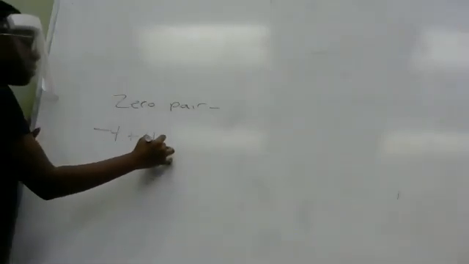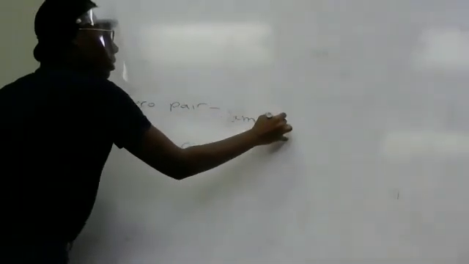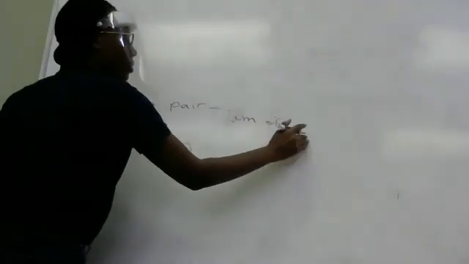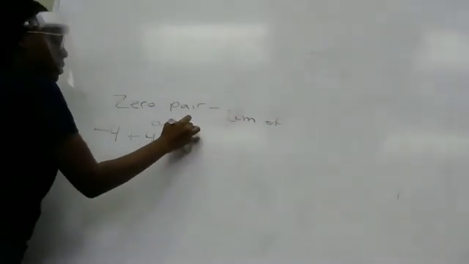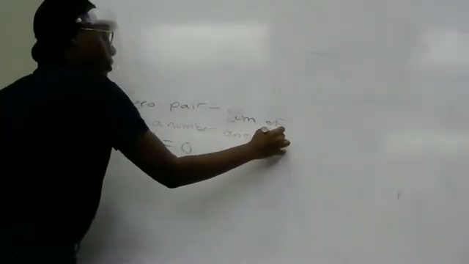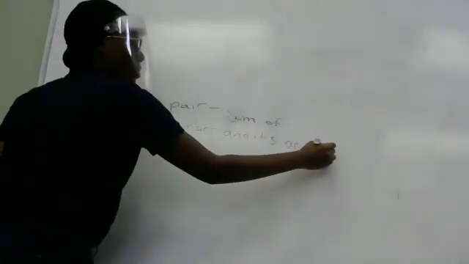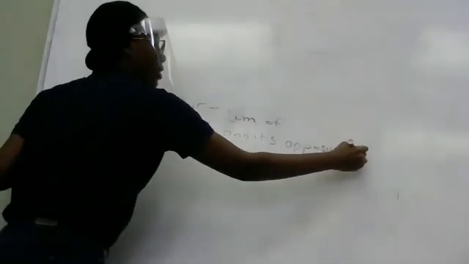So if I add its opposite, I get what? 0. In other words, the sum of a number and its opposite is 0, then you have a zero pair.